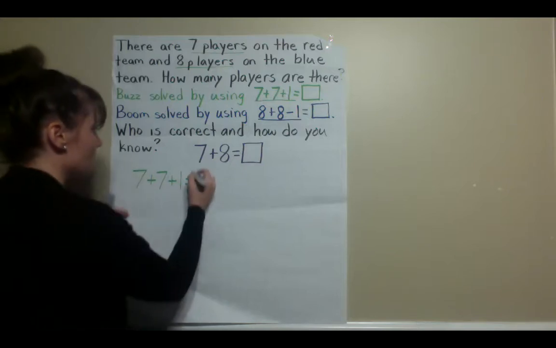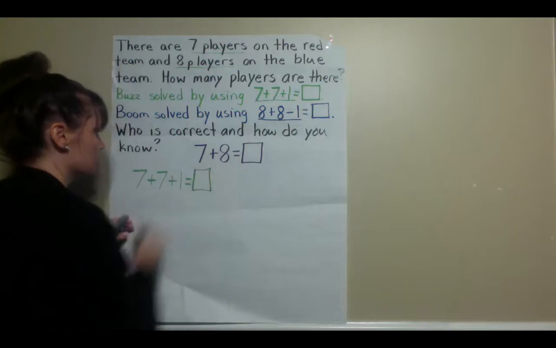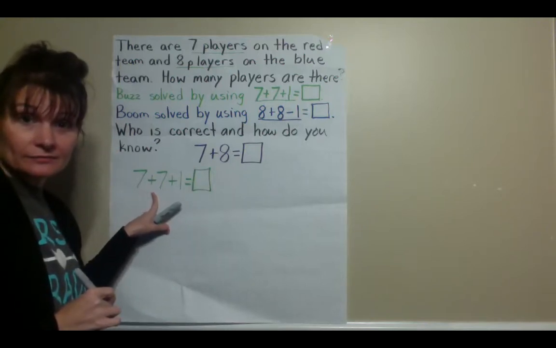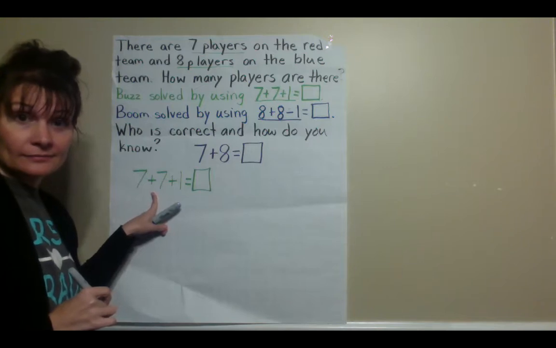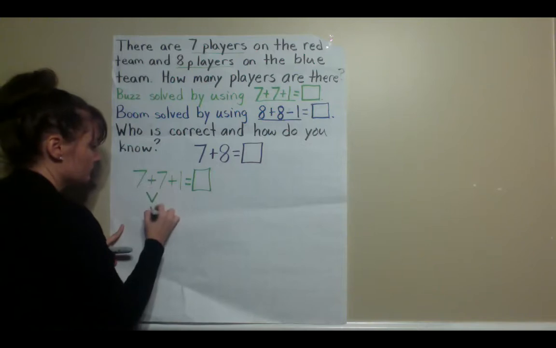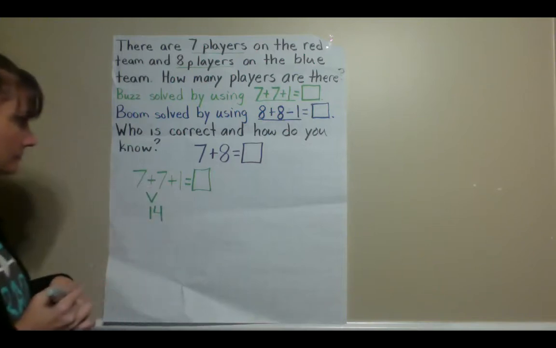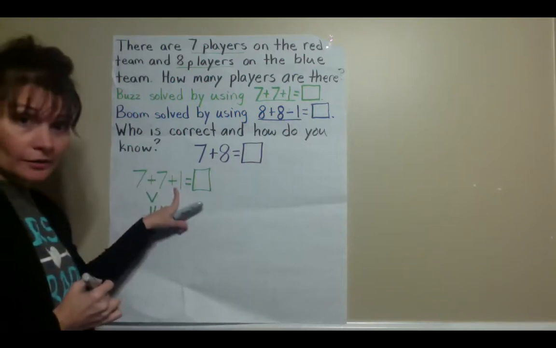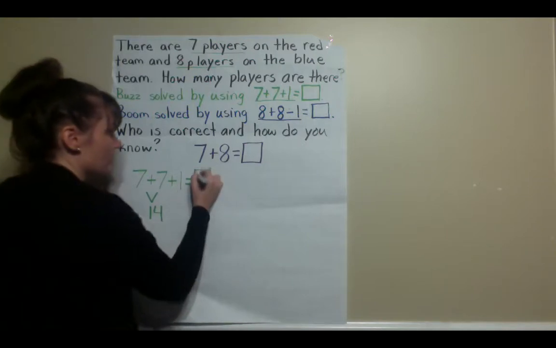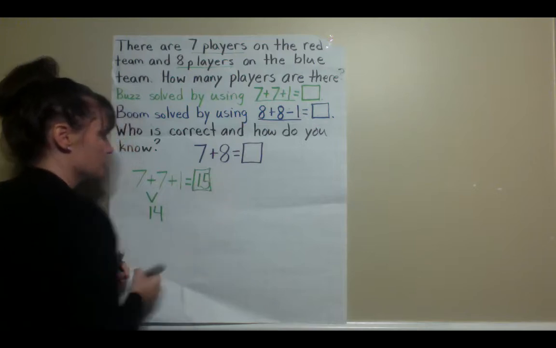Let's see what that would get us. What is 7 plus 7? That's right, it's 14. And 1 more would be, that's right, it's 15.